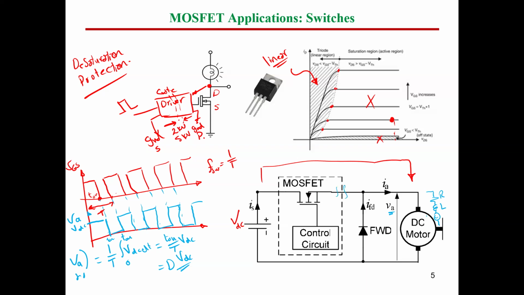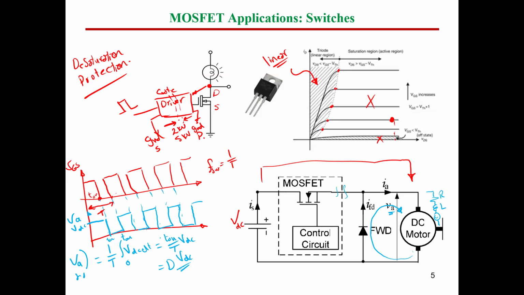So the internal energy stored in the inductance will start dissipating in this diode and the motor resistance. The energy will be transferred from the inductance to the resistance through the freewheeling diode. For that, we call it freewheeling, because it continues operating the machine current. So the current is going to continue. It will not disconnect from this circuit.